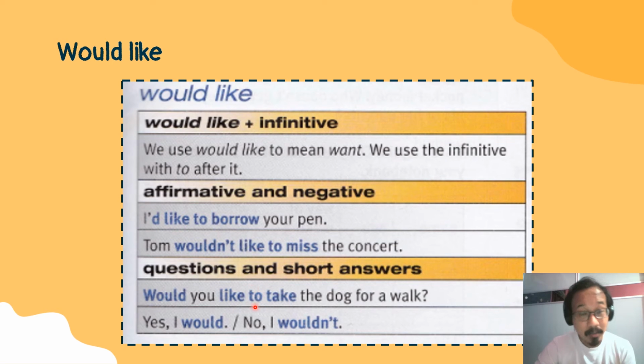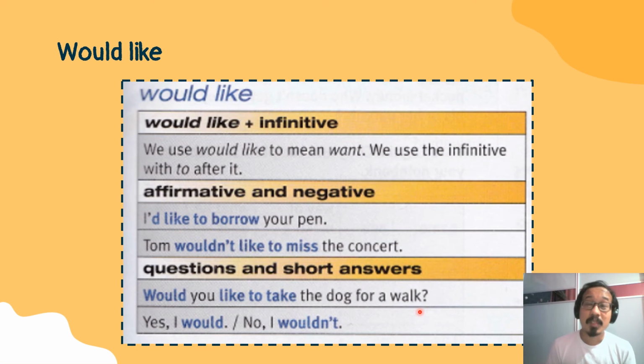Now, what if you want to use it in a question? Okay, so you would start off your question with would followed by the subject, and then like, and then to, and then your infinitive and then the rest of your sentence. For example, would you like to take the dog for a walk? Would followed by the subject you.